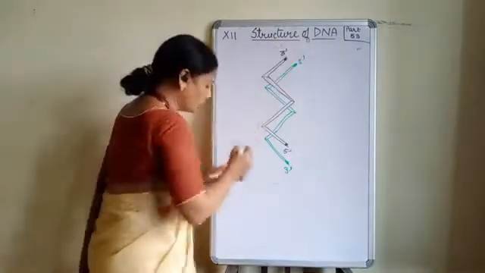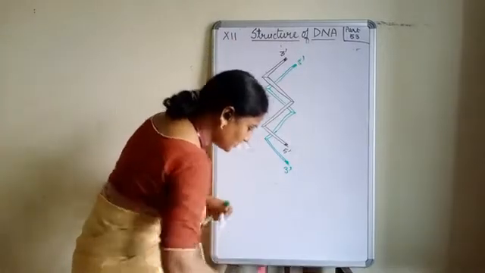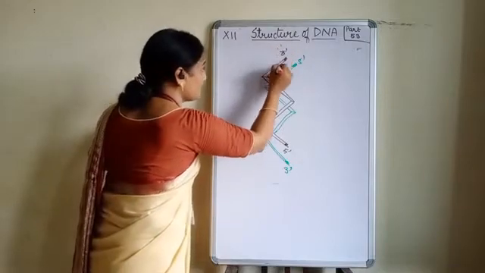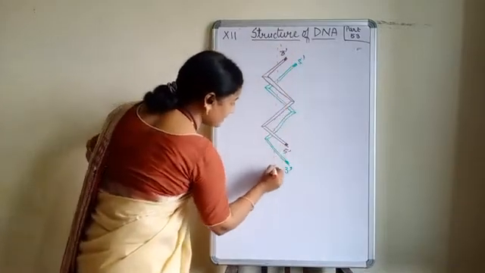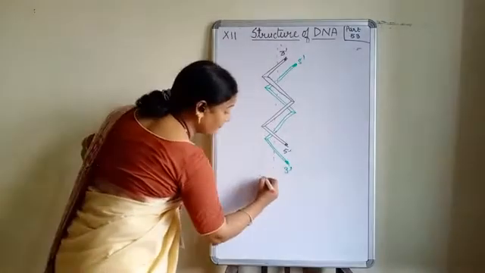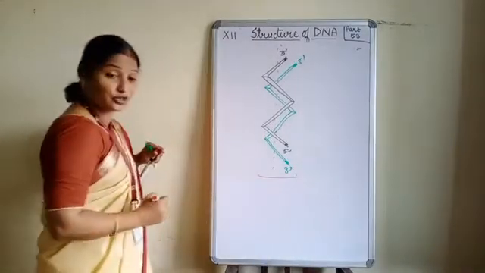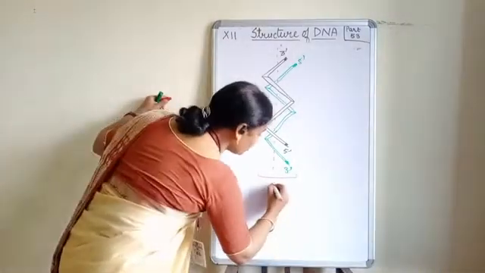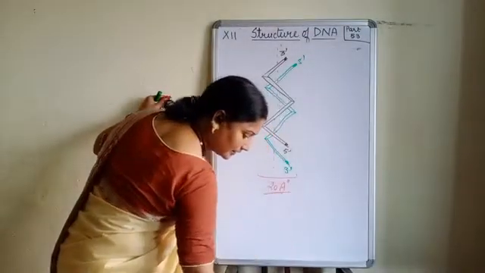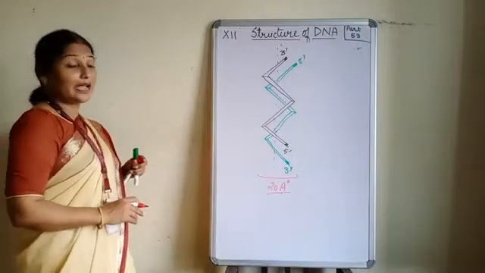Suppose if I draw one axis in between, like this, then this will be the diameter. And they found that the diameter of the DNA is 20 angstrom.